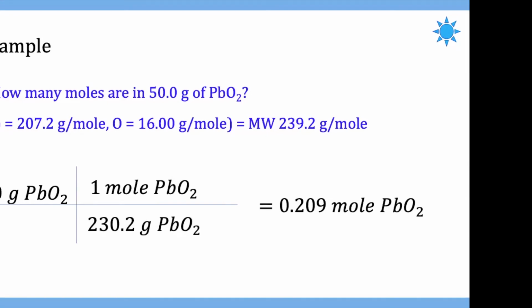I have a question. Yes. Why does it have 230 points? Is that just a mistake? Maybe I'm just confused. Let me check here. 230.2, and then the molecular weight in the question is 239.2. Oh, yes, I just want to make sure it's a mistake.